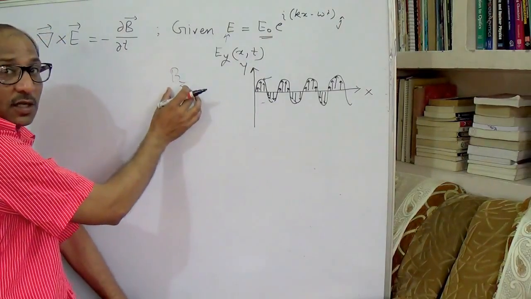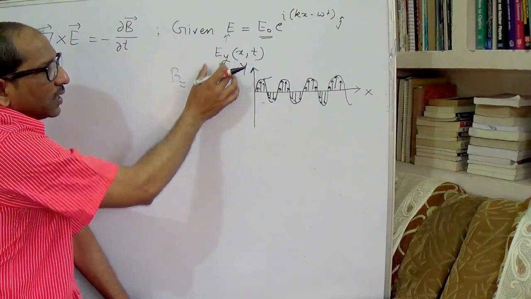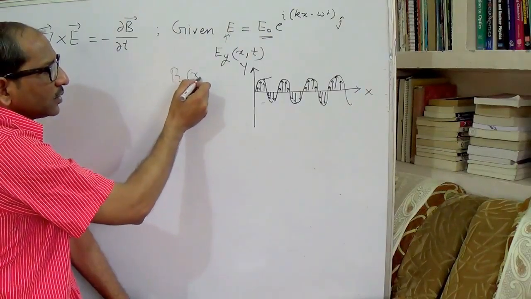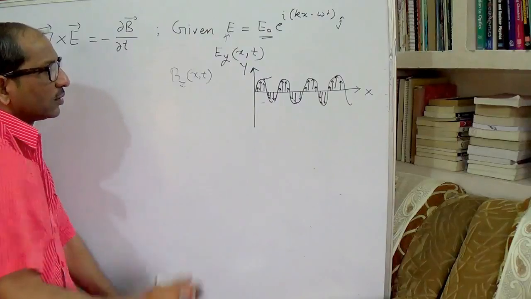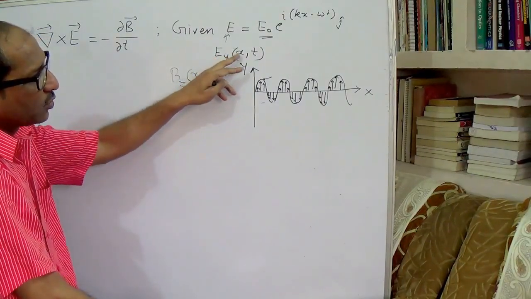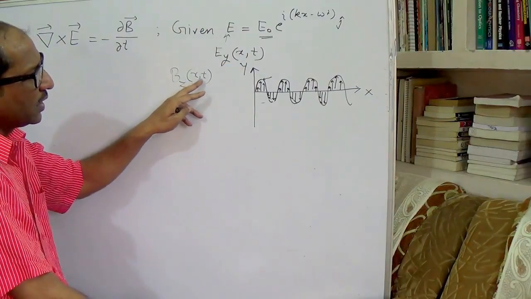So the electric field is along y, the magnetic field along z, and both components are functions of x and t.